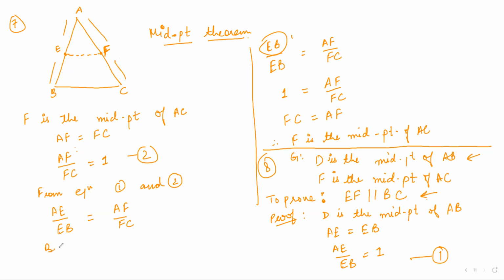Now see here, AE upon EB is equal to AF upon FC. So by converse of BPT, what is the converse? What is the theorem, Sarah? What is BPT?